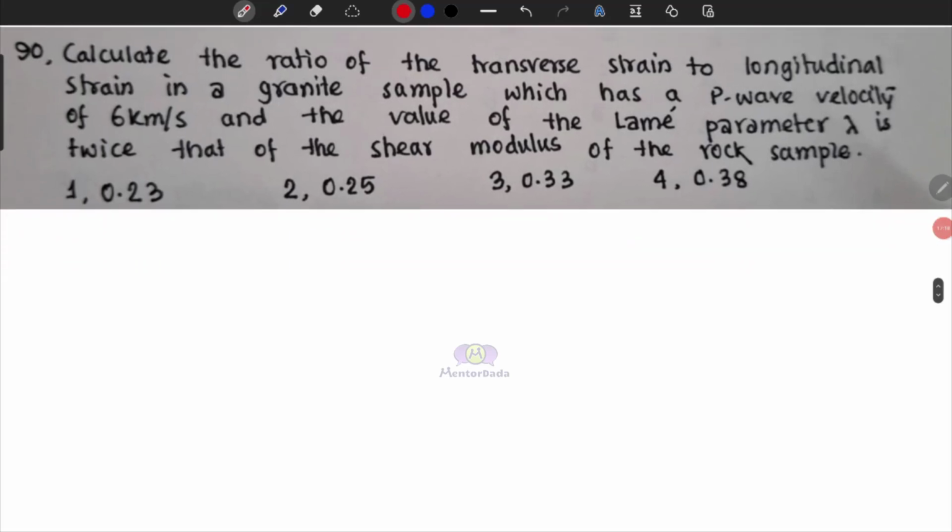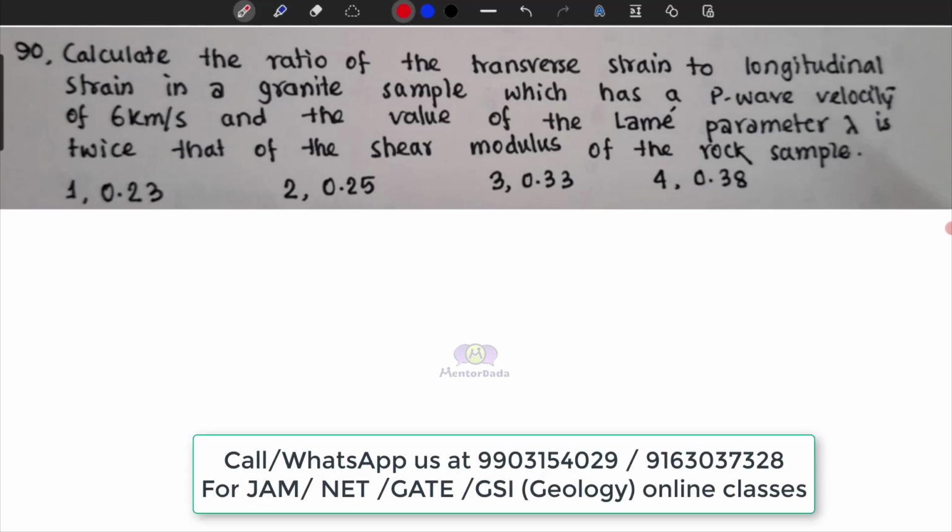So here is another question from your PYQs. Let's read this question together. Calculate the ratio of transverse strain to longitudinal strain in a granite sample which has a P wave velocity of 6 km per second, and the value of the Lame parameter lambda is twice that of the shear modulus of the rock sample.